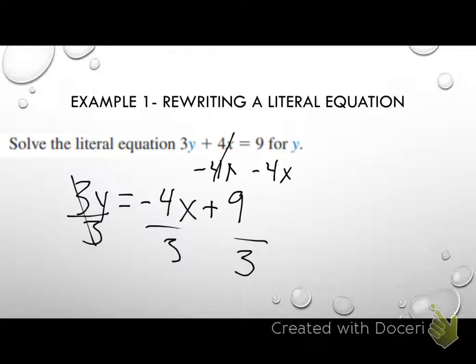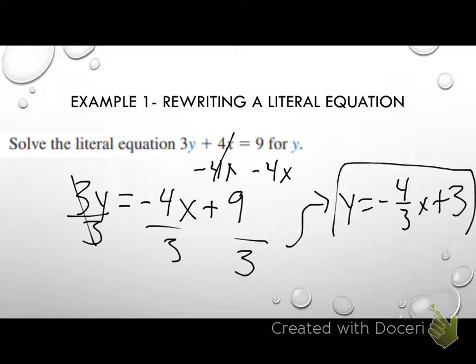Does everyone see that? So I get y equals negative 4/3 x plus 3. Is that equation now solved for y? Yes, it is. There's my answer.